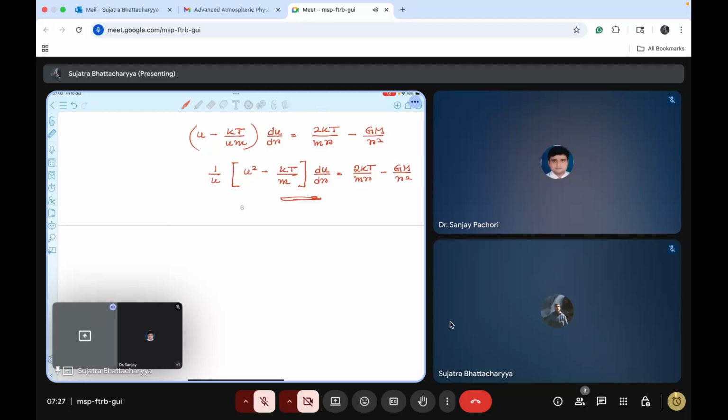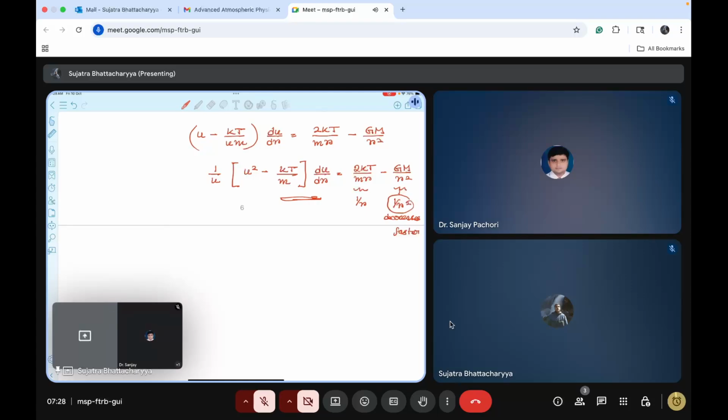One thing is that this is about 1 by r, and this is about 1 by r square. So this actually decreases faster. This is one of the important points.